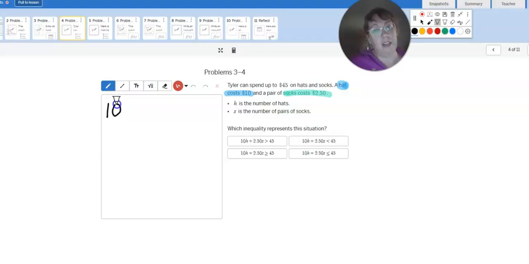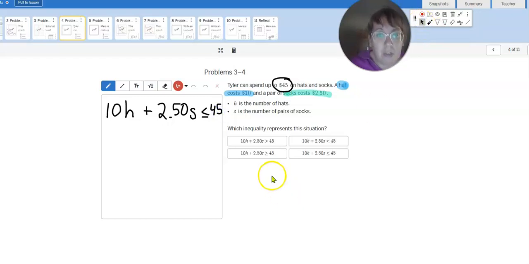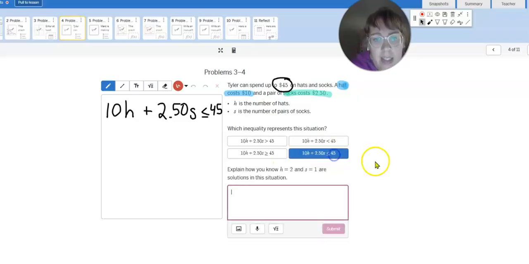So we have 10 times H is going to be the total amount of money that we're spending on hats, plus 2.50 times S is the total amount of money on socks. And we can spend up to 45, but it cannot be more. So that's going to be less than or equal to 45. So we have 10H plus 2.50S less than or equal to 45.